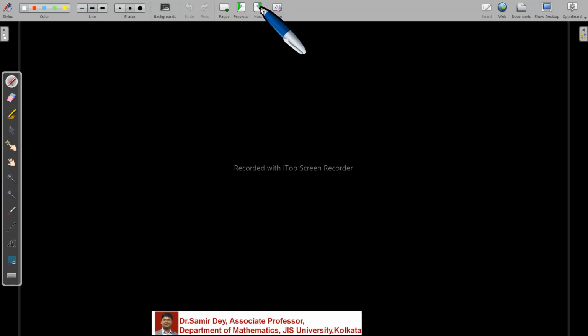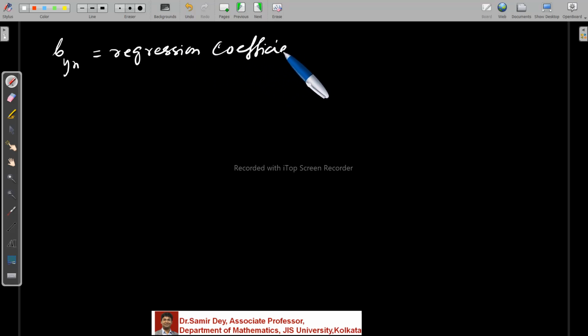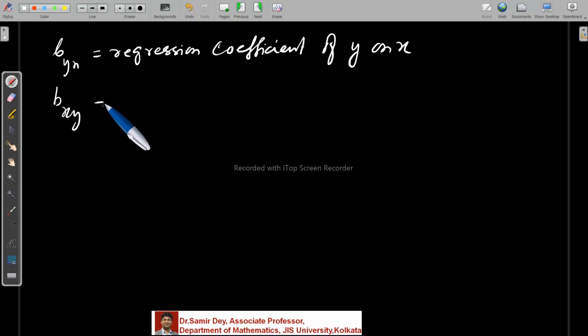Next line you write down: b_yx is the regression coefficient of y on x as per orientation, and b_xy is the regression coefficient of x on y.